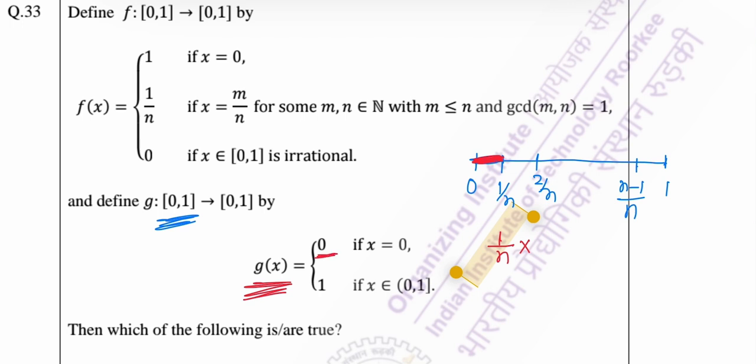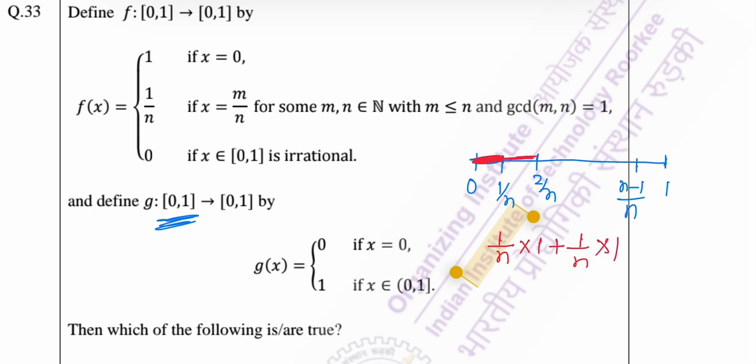But whenever you take a value other than 0, it is 1, so the max value will be 1.